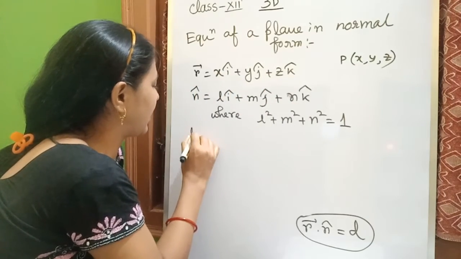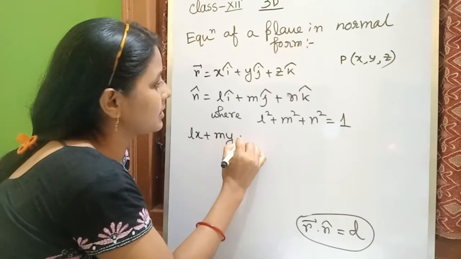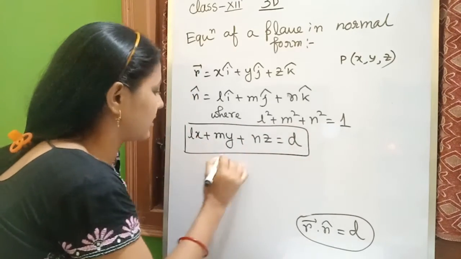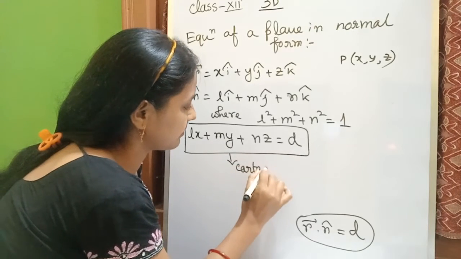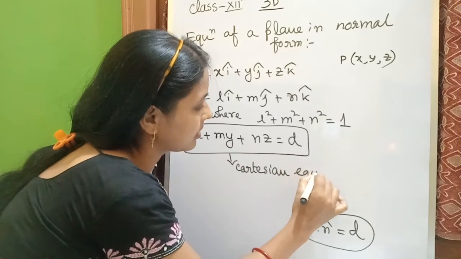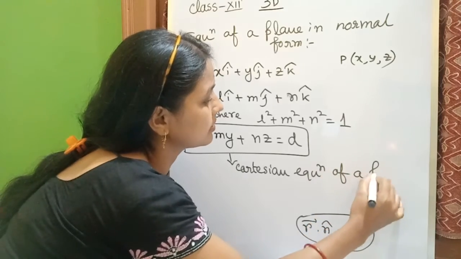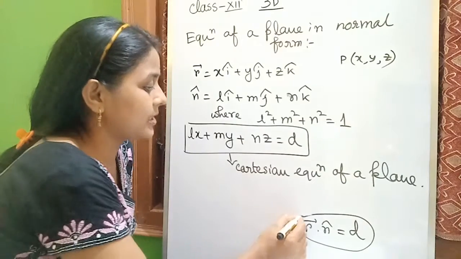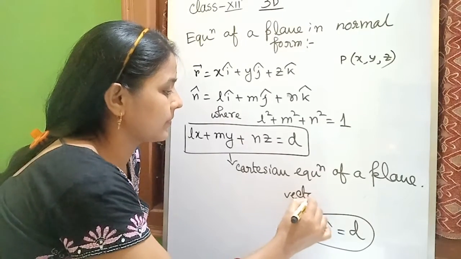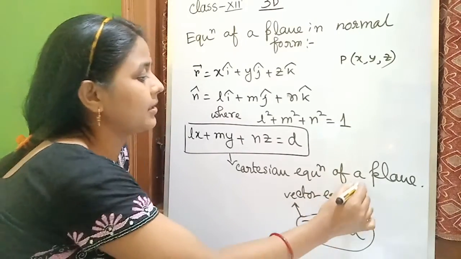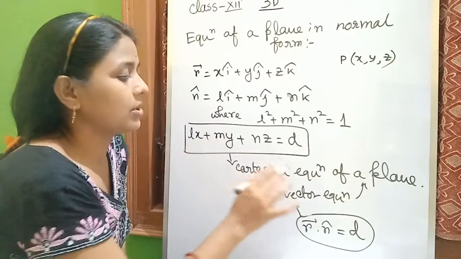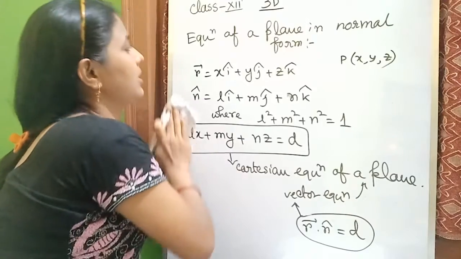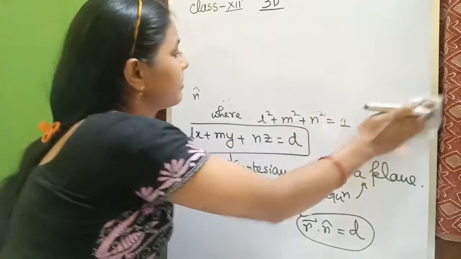That means we can write down lx plus my plus nz equals to d, and this is the Cartesian equation of a plane. Understood? Okay. So this is the vector equation of a plane, and this is the Cartesian equation of a plane. So these two are the first topic, equation of a plane in normal form.